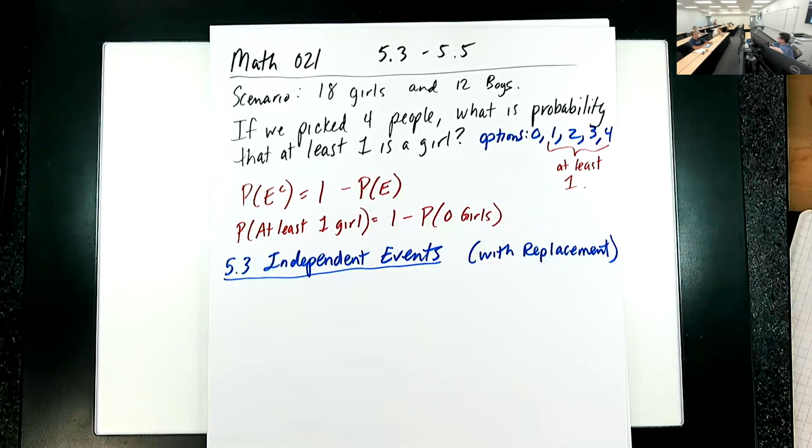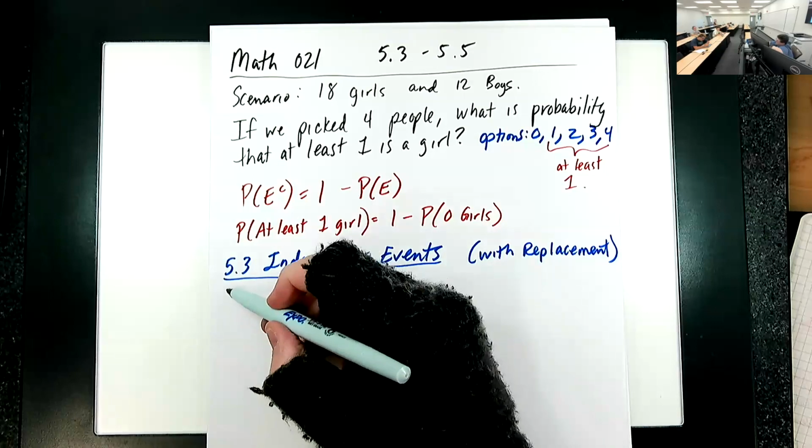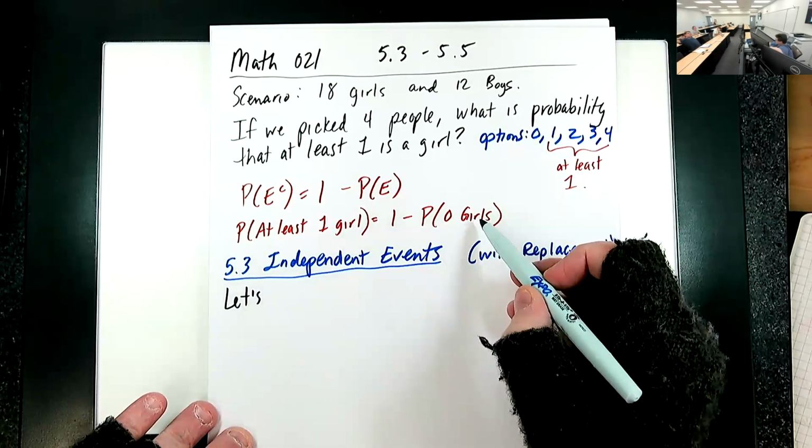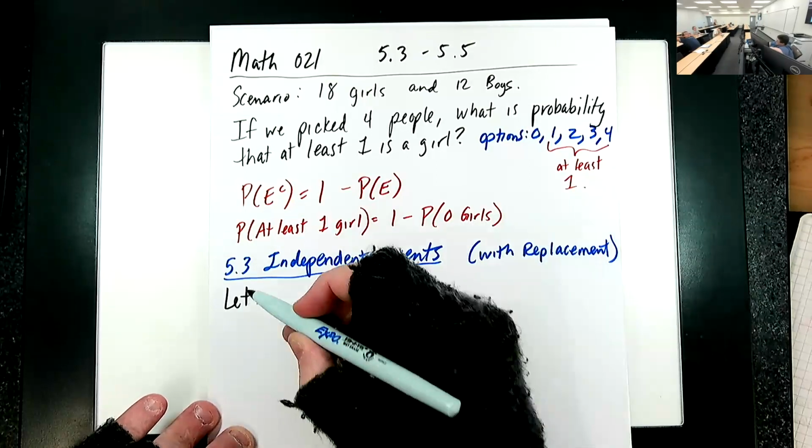In 5.4, it's the without replacement category. So we'll answer this question like we can pick the same girl more than once, or 0 girls, so we're aiming for 0 girls, same boy more than once.